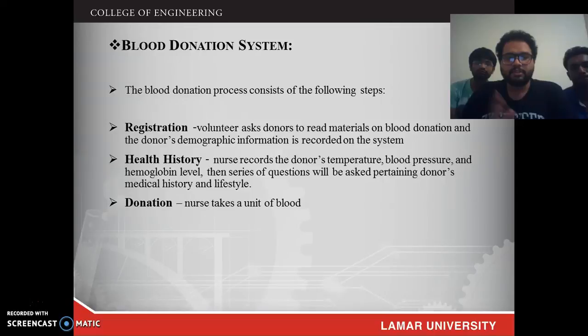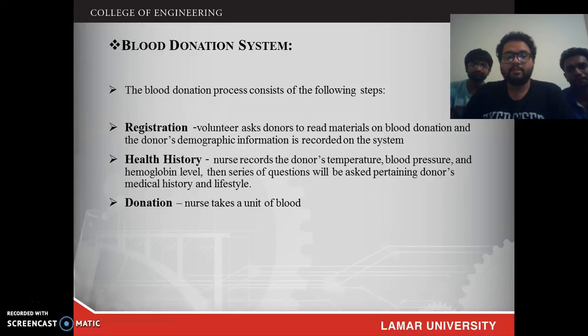In the blood donation system, there are three processes: registration, health history, and donation. During the registration process, the donor comes to the volunteer, and the volunteer asks the donor to read the material and fill in the form for donating blood and sign the agreement. After the registration is done, the donor goes to the health history department.